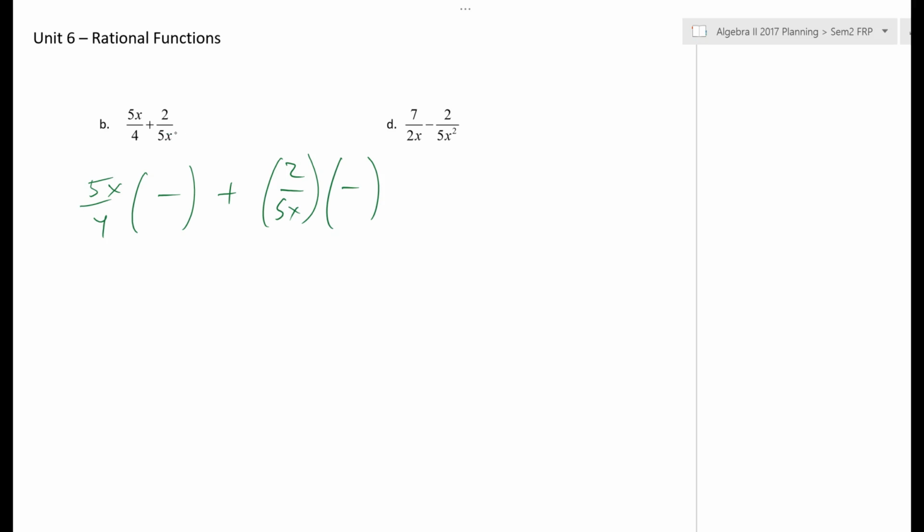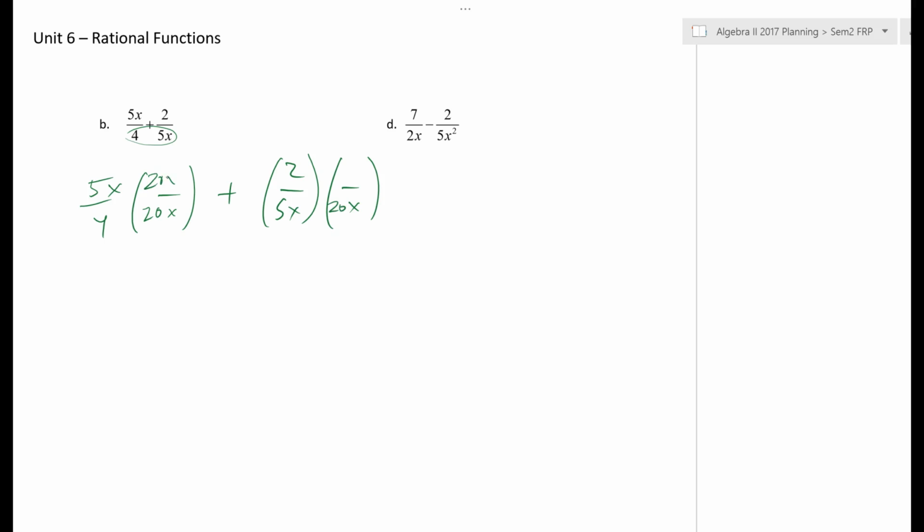I need to find a denominator that both of these things will go into. So I know I'm going to need an x in each of them, and then the least common multiple of 4 and 5. If I go through the multiples of 5, 10 won't work because 4 doesn't go into it. 15 doesn't work. 20. So 20 is the first multiple of 5 that 4 will go into.